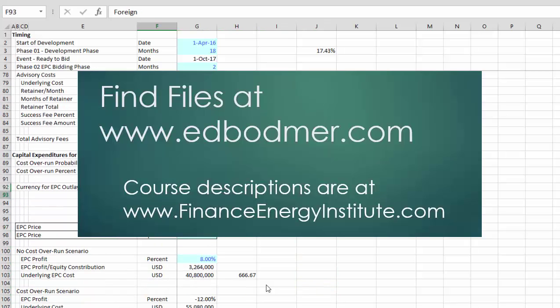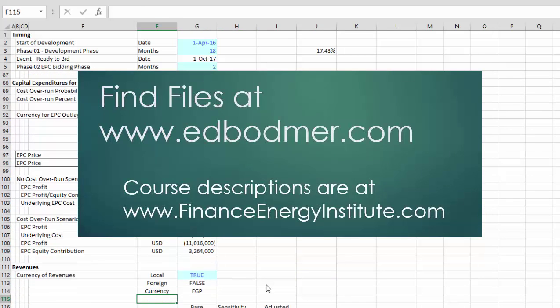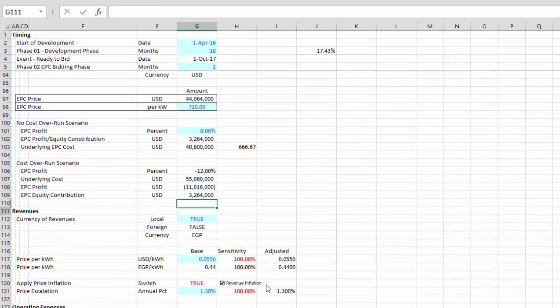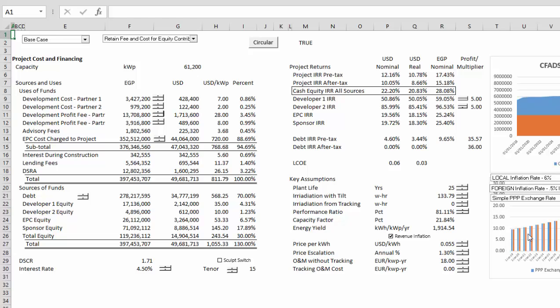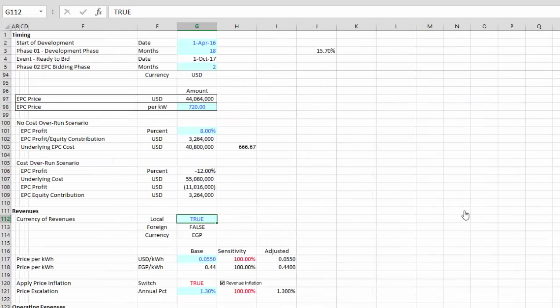Okay, now if we would change this, put our revenues in, and let's make sure and have kind of an extreme thing. Let's put some devaluation, some real devaluation in foreign and local. So we've got kind of a big difference here. Okay.